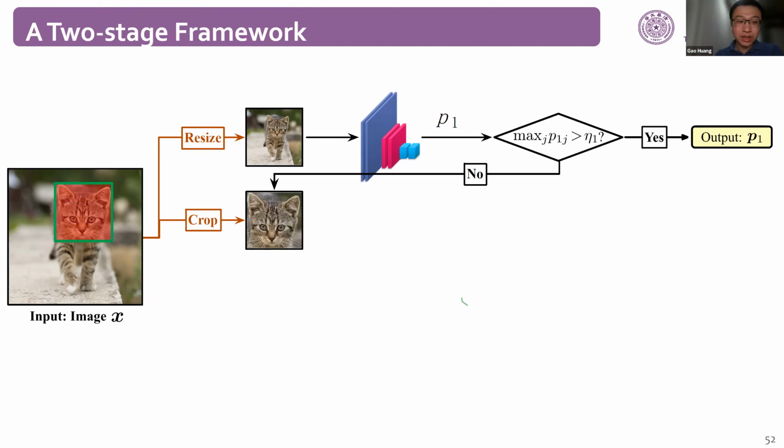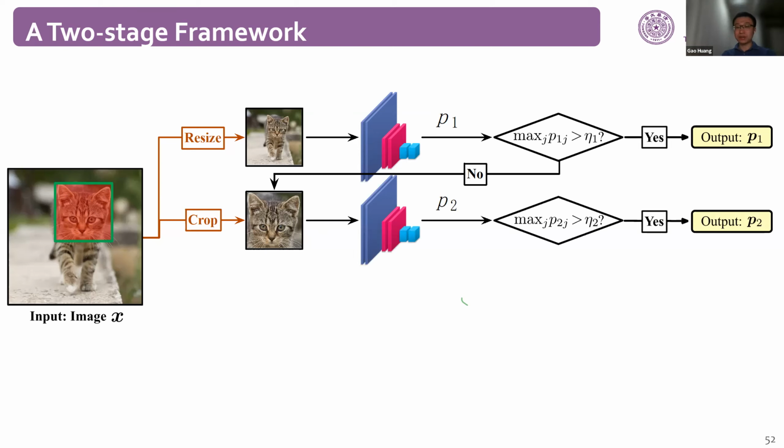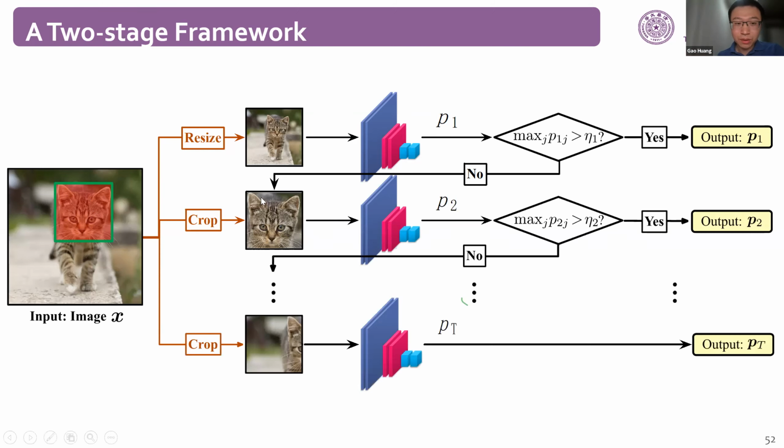Otherwise, we go to the second stage. In the second stage, it will perform fine feature extraction of some local regions. For example, we will crop the head of the cat and perform the feature extraction and continue the recognition process. In the local region, we can have multiple steps. We can crop multiple local regions.